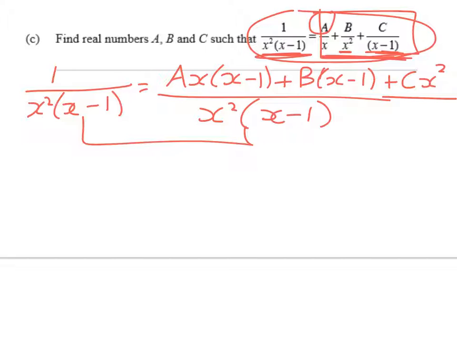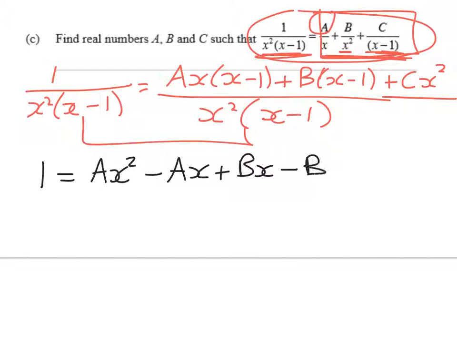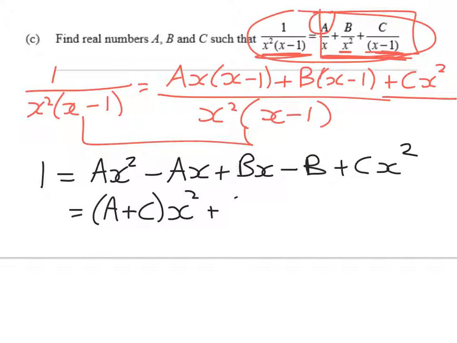Right, so now I can just equate the two numerators, and we get 1 is equal to ax squared minus ax plus bx minus b plus cx squared. Now we're going to sort that out and write that as a plus c x squared plus b minus a x minus b. So that means I know that 1 has to equal -b.